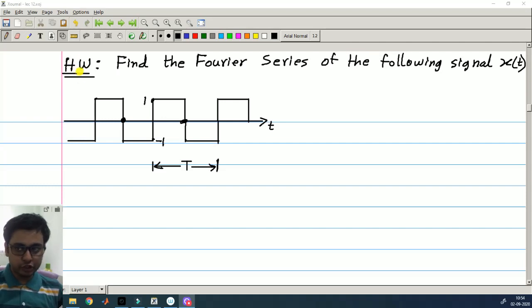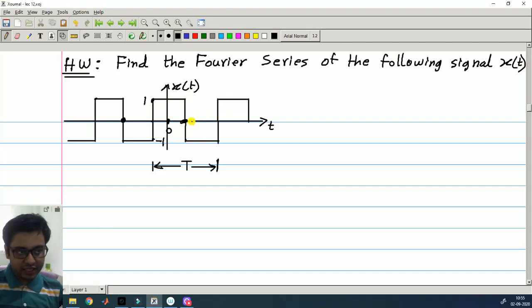Now let me give you a homework. Consider this square wave, such that this point is t equal to 0. Previously we took t equal to 0 here, but now we are taking t equal to 0 at the midpoint of this positive half, so that this signal x(t), the square wave, is now an even signal.